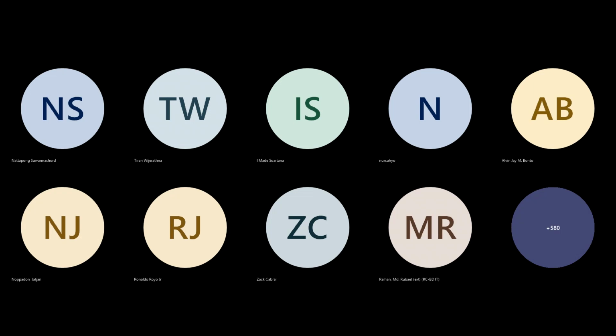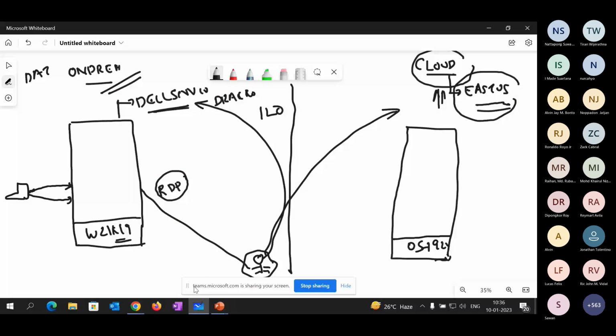Now, before the break, we have seen how the installation of Windows Server 2019 or 2022 is configured. Now, the next point here, how do I access the server here? Now, in an on-premises scenario, if you take the server here, physically I can connect to the server.